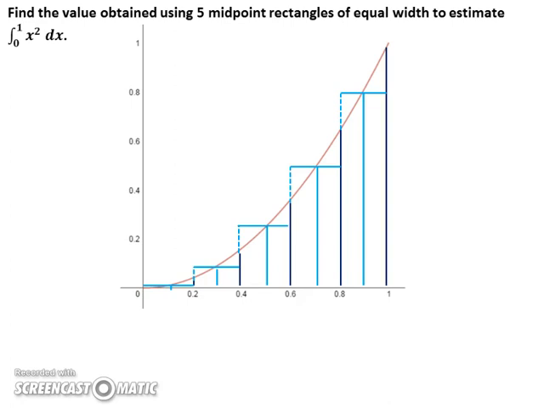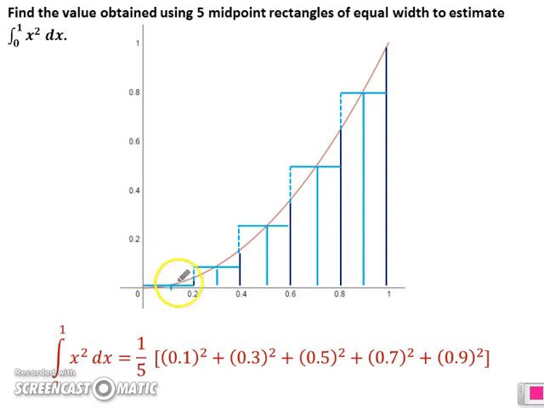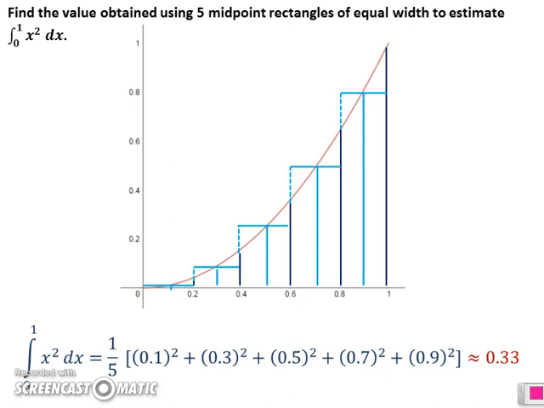So now when you set this up, your y coordinates will be 0.1, 0.3, 0.5, 0.7, and 0.9. And again, we're using the equation x squared, so that's why we're squaring them in each one of these. Delta x is still the same because the width of each of these rectangles is 1/5. This comes out to be approximately 0.33.